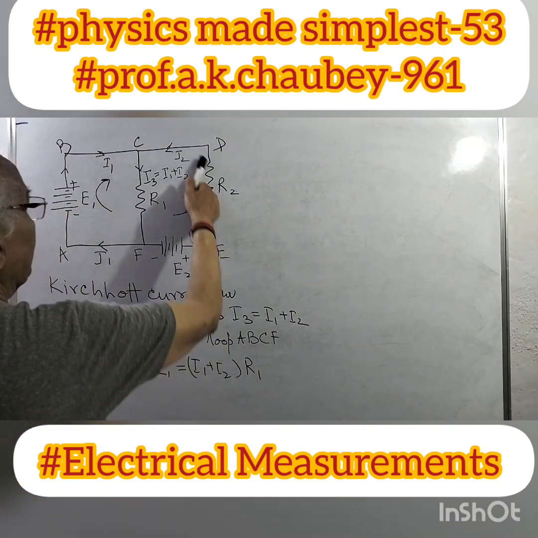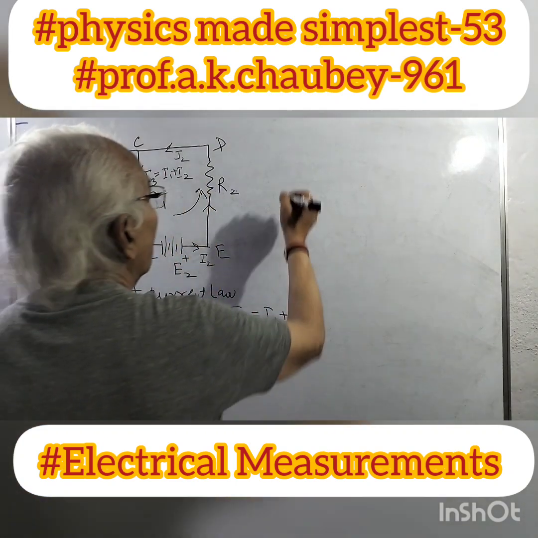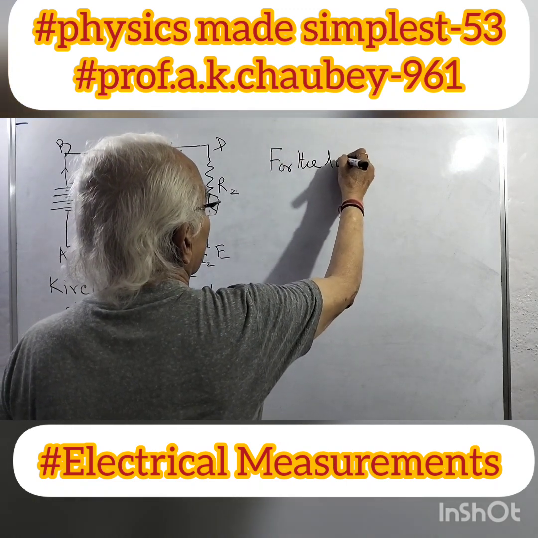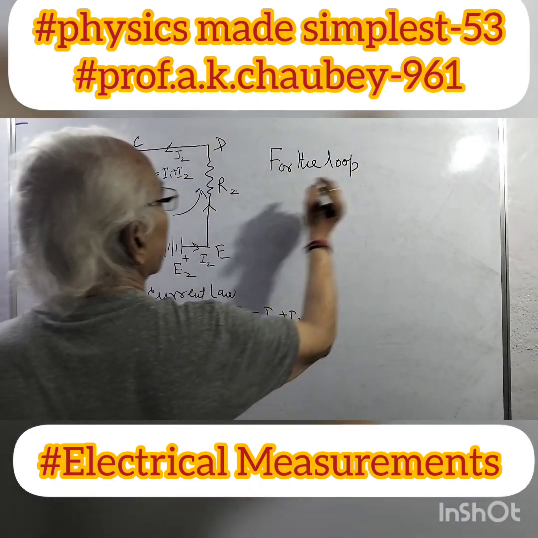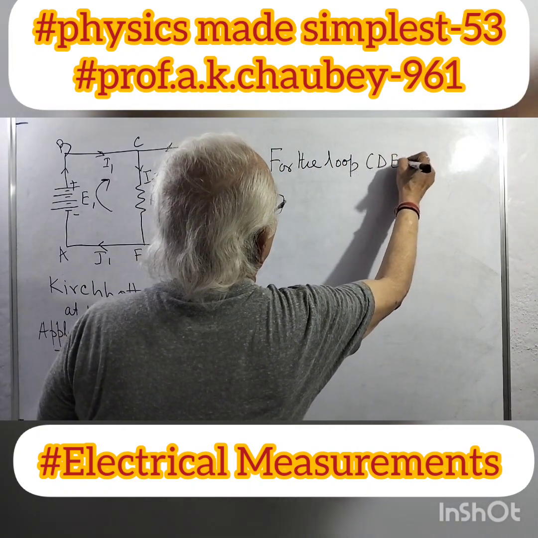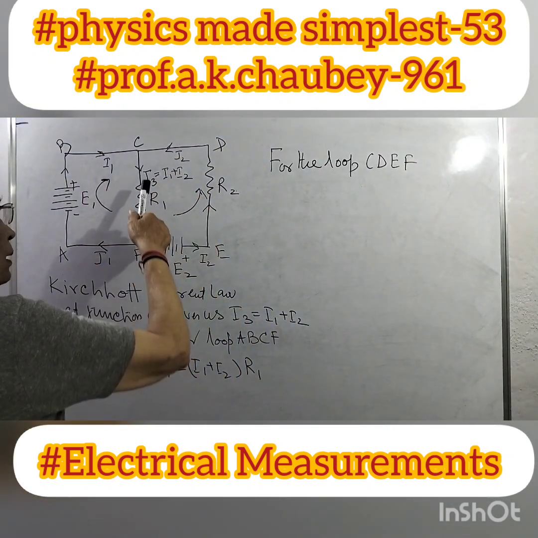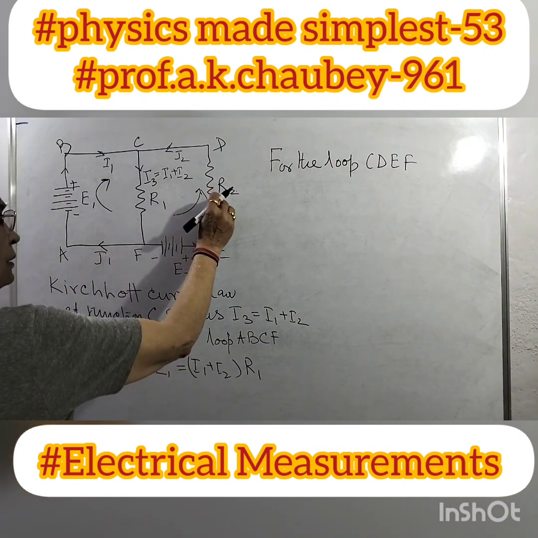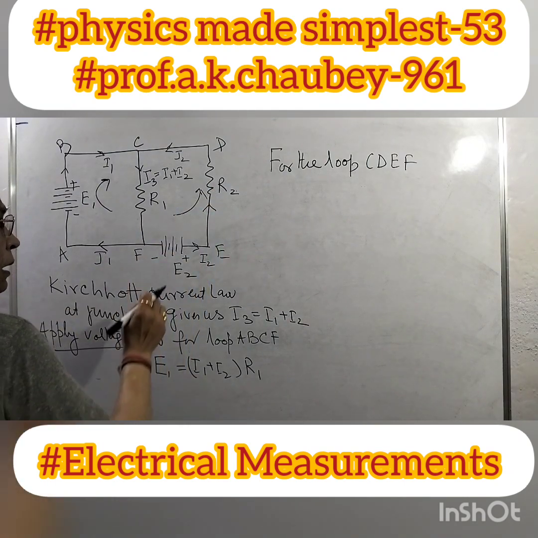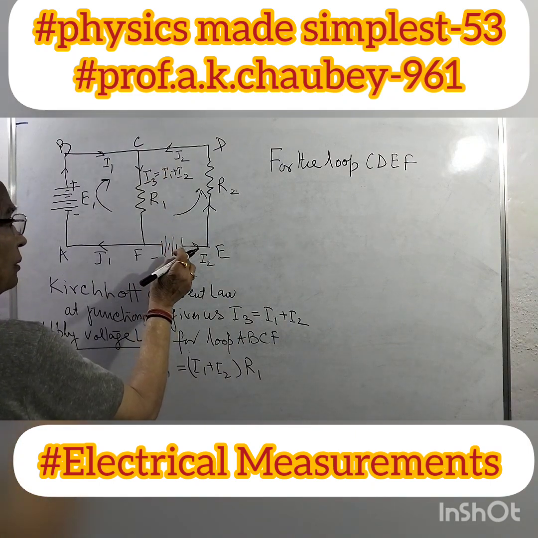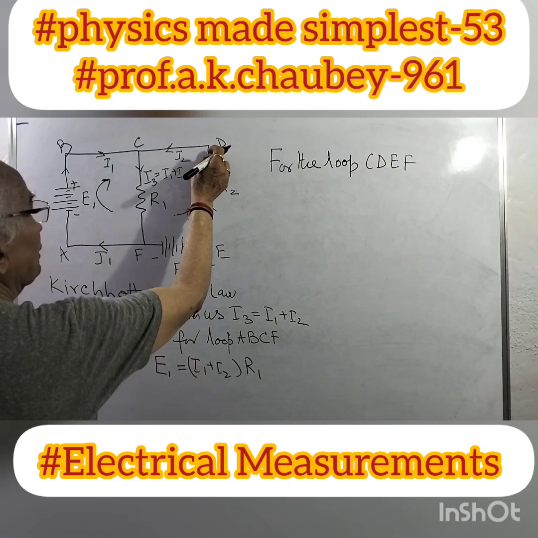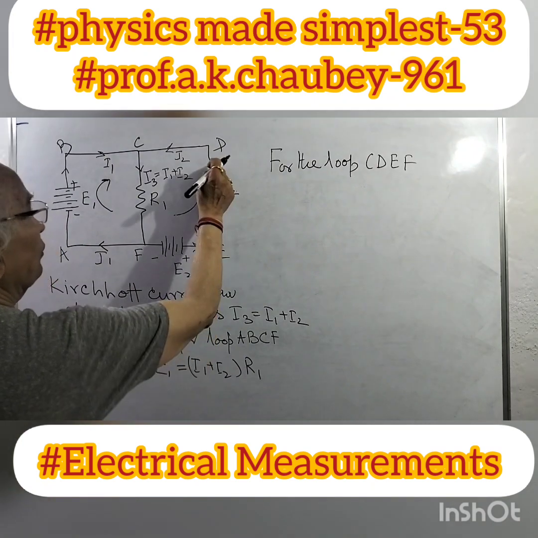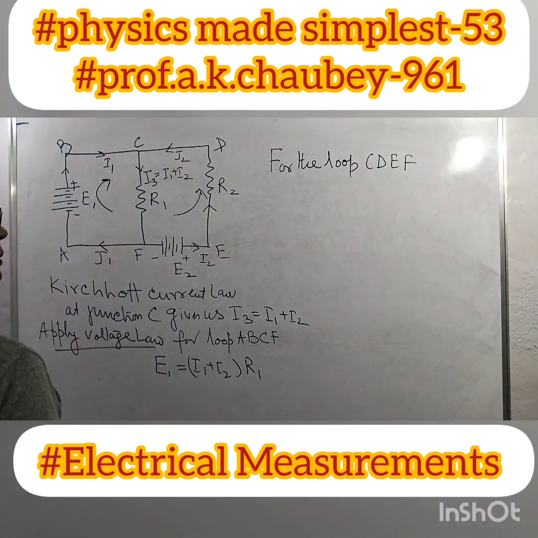For the loop C, D, E, F, the current flowing through this resistor is the same I3, but this loop has a resistor R2 here and this voltage source. Remember that current flowing here in this direction, and this current flowing opposite. Both currents are opposite to each other.